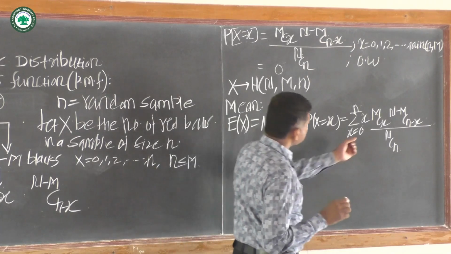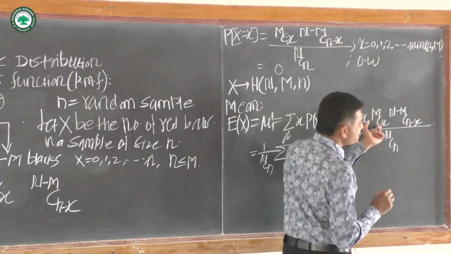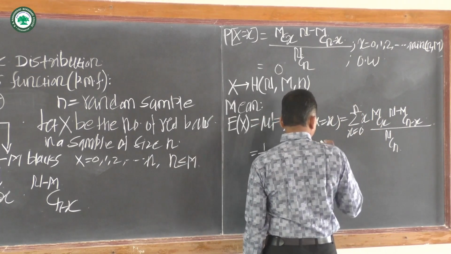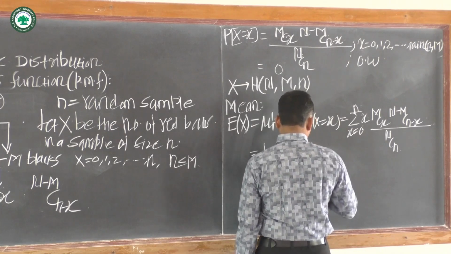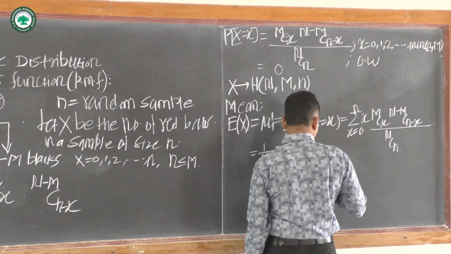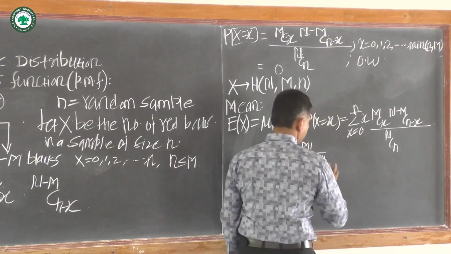1 upon NCn into the summation of x into MCx. This can be written as M factorial upon x factorial into (M minus x) factorial.